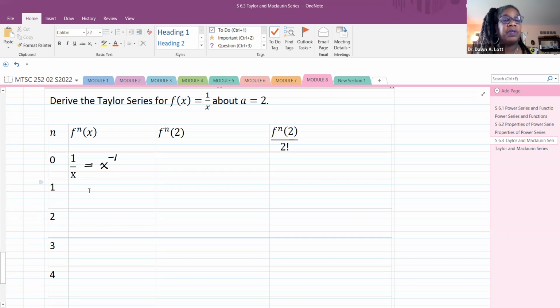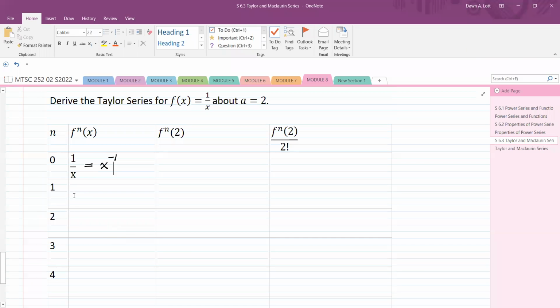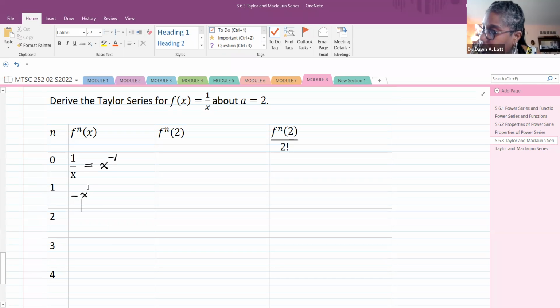Okay, so what's the derivative of x to the negative 1? Negative x to the negative 2, which I can write as minus 1 over x squared. Very good.